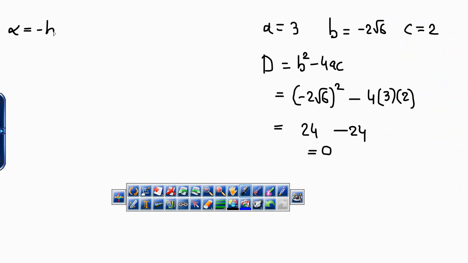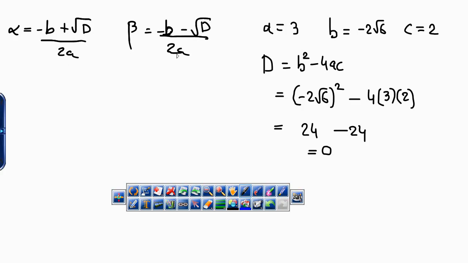Alpha is minus b plus root d upon 2a. Beta is minus b minus root d upon 2a. Minus b plus root 0 upon 2 into 3.